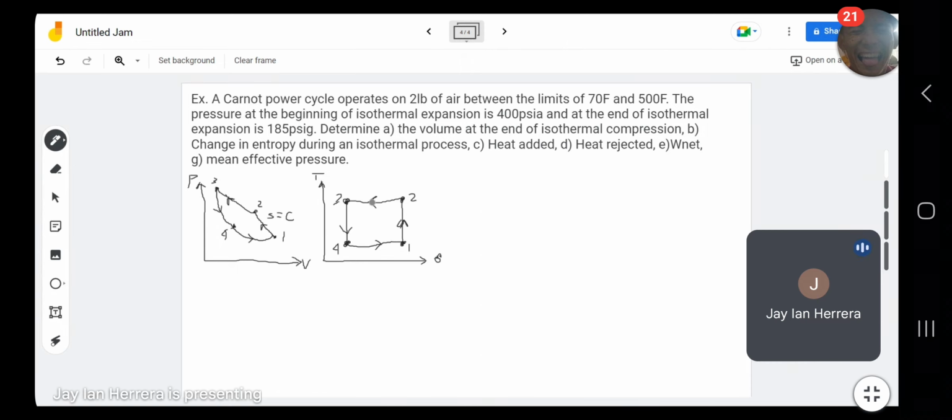Point 2 to 3, this is temperature constant, isothermal. Point 3 to 4, this is isentropic again, so SC. And then dito sa 4 to 1, temperature constant ulit.